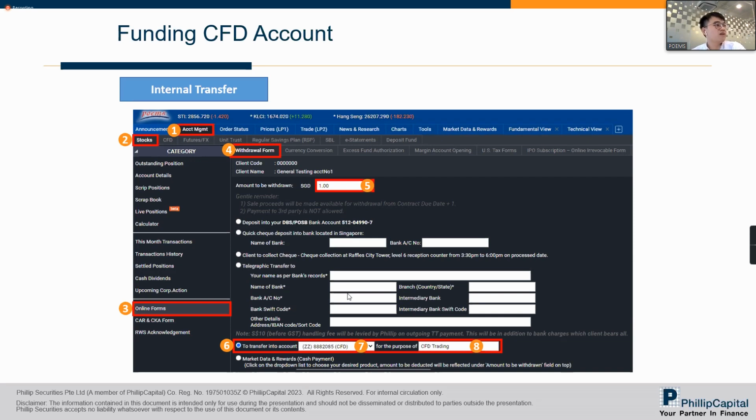Then you go to online forms and click on the withdrawal forms. For the amount to withdraw, you can put in whatever amount you want, $1, $100, $1,000. Then you transfer into your CFD account. It will show your trading account for CFD trading. Then just submit the request.